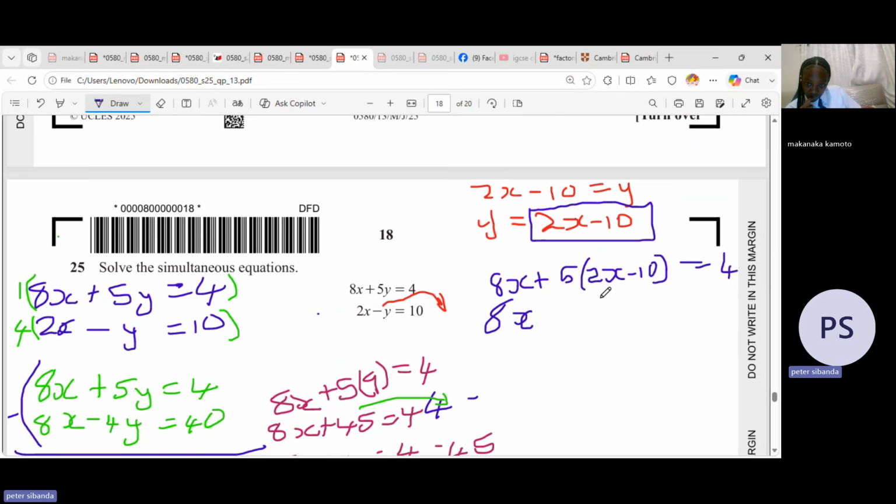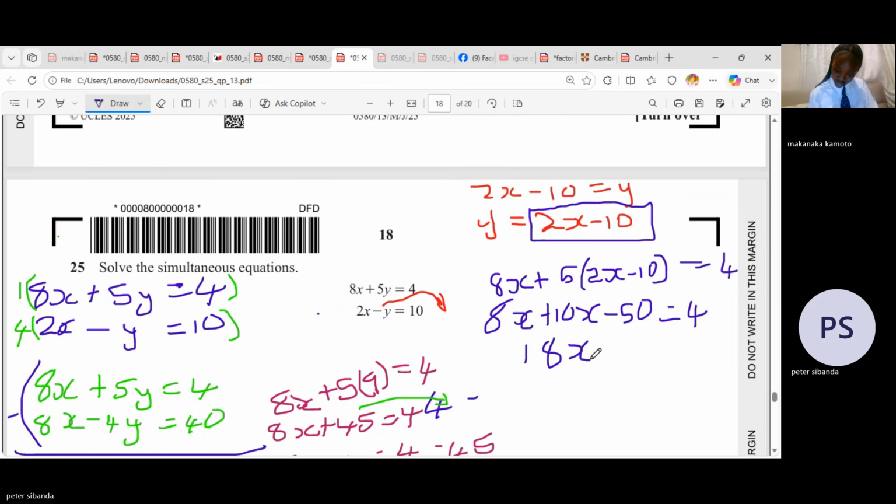But now we can say 8x plus 5 times 2x gives us plus 10x. Plus 5 times minus 10 gives us minus 50, equal to 4. Right. 8x plus 10x, that's 18x. Minus 50 on the other side, and it's going to be positive 50 when it arrives that side.